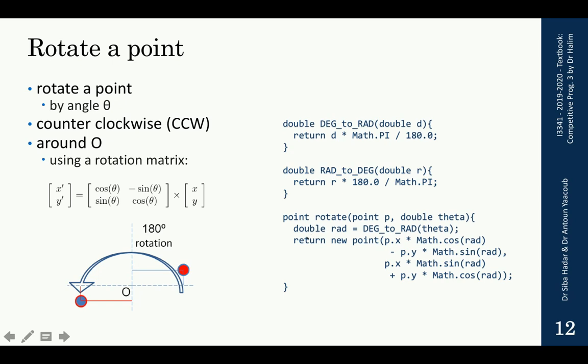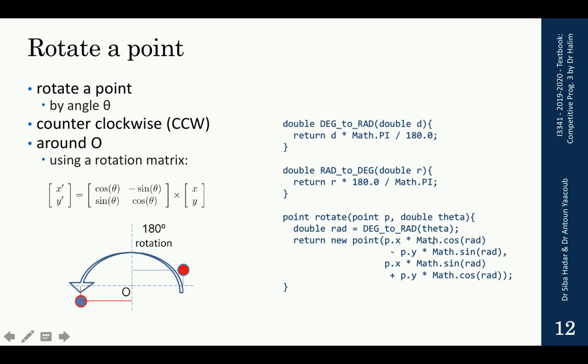And here we go. So we have here return new point, and to this user-defined constructor I am giving two parameters. The first is x prime and the second is y prime. For x prime I have the value cosine theta times x minus sine theta times y.